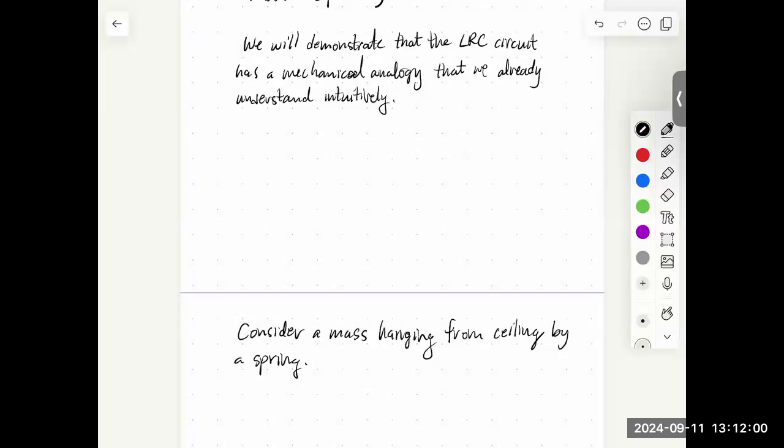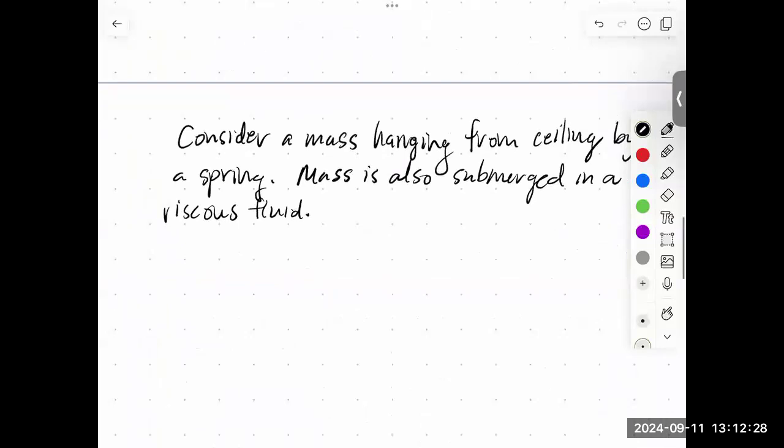So we'll have the mass hanging from the ceiling on a spring, and then underneath it will be like a beaker filled with some fluid, and the mass is submerged in that fluid. The mass is also submerged in a viscous fluid.